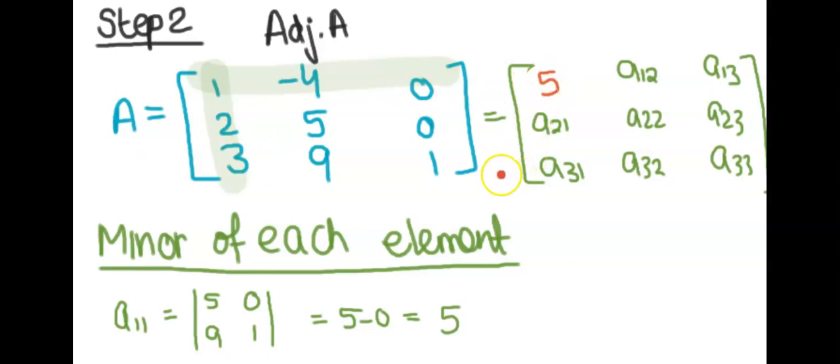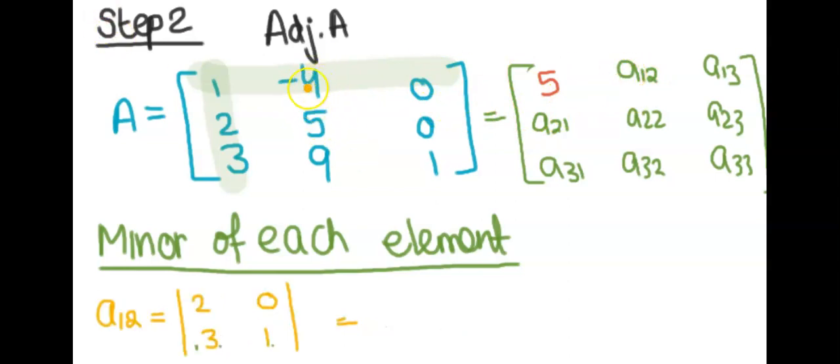Now I need to do that with all the elements, so try with A12 as well. Obviously Super Mario is here and here, so you got 2, 3, 0, 1. So the answer, if I solve it, that times that is 2 minus 0, which is just 2. So you rub this bit and put a 2 there.